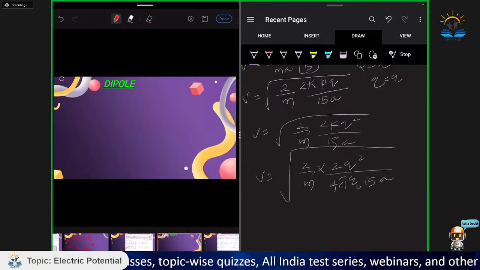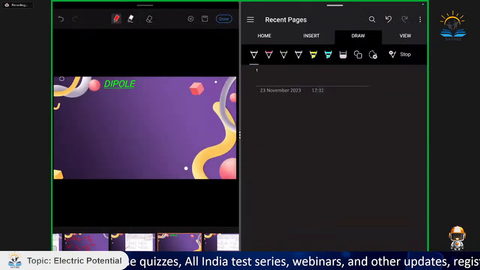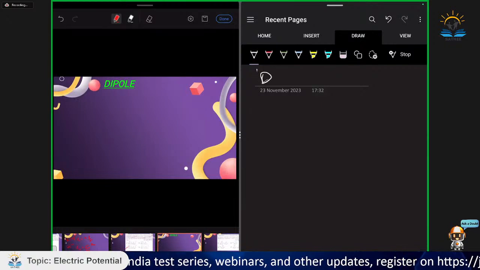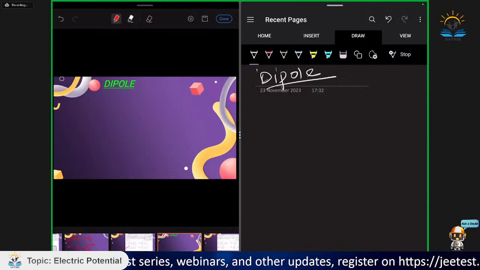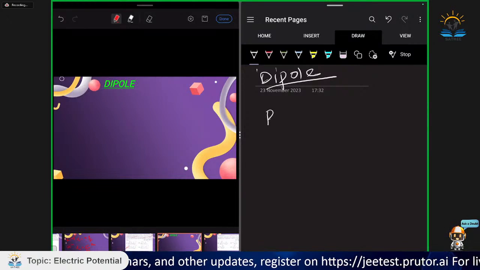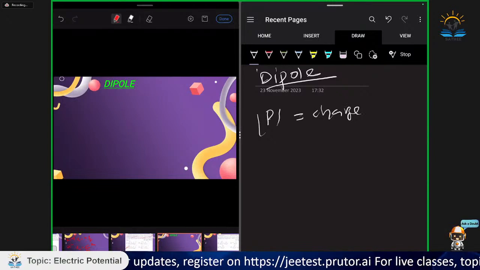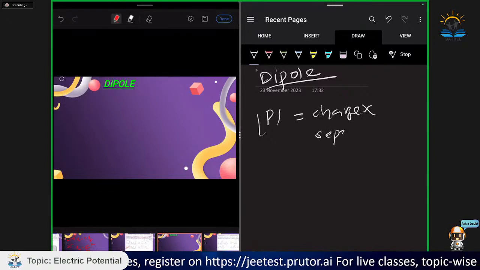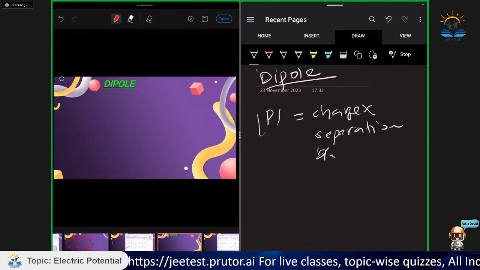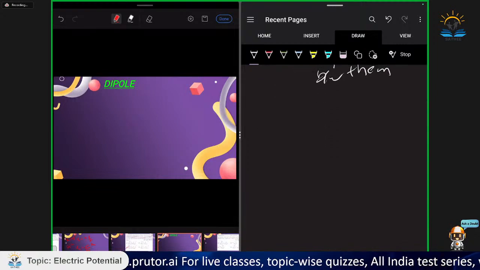Next, dipole. Two point charges separated by a very small distance. See, the dipole moment magnitude will be the charge into the separation between them. As simple as that.